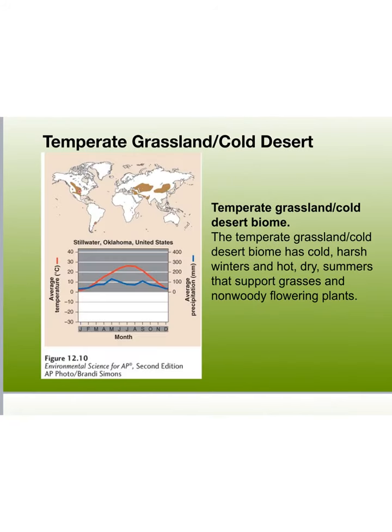And when you're looking at the grasslands across the planet, you can see that they're very constant in latitude, and they're really not very coastal at all. So those harsh winters and hot, dry summers really only support small vegetation, small organisms like grasses.